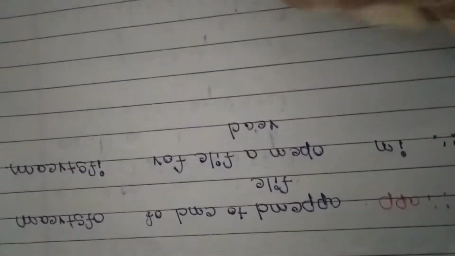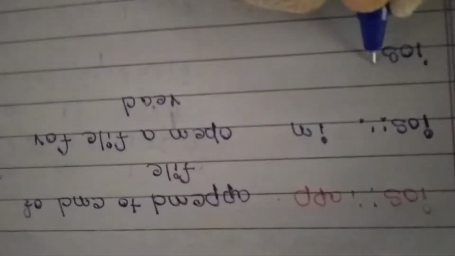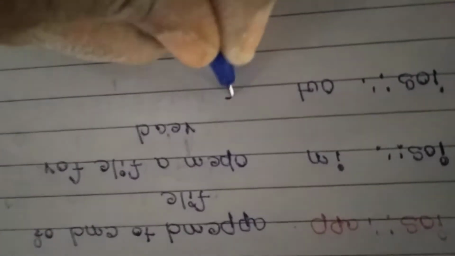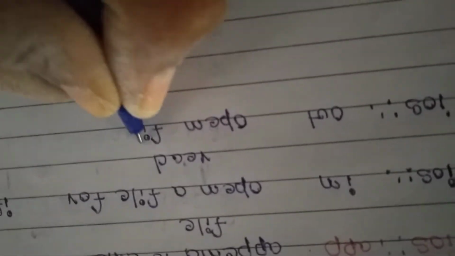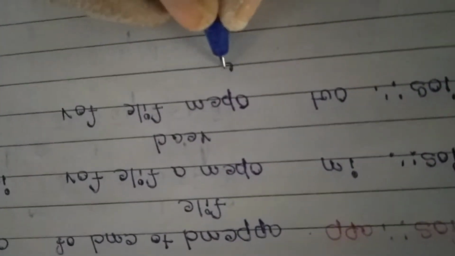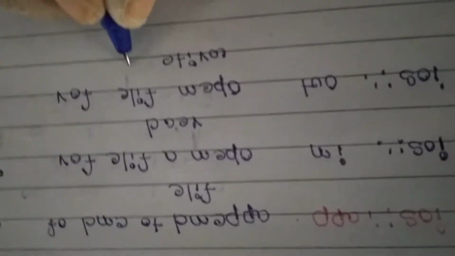So next thing is ios::out. Why do we use it? To open a file for writing only.